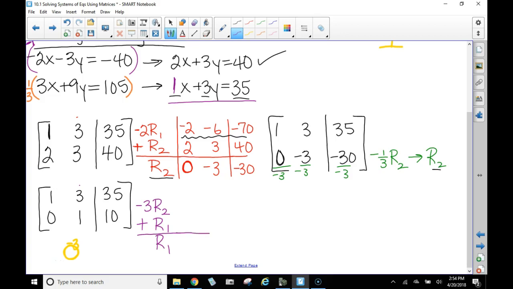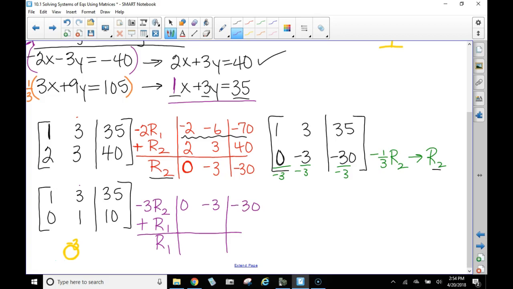See how this works. -3 times row 2: -3 times 0 is 0, -3 times 1 is -3, augmented with -3 times 10, which is -30.